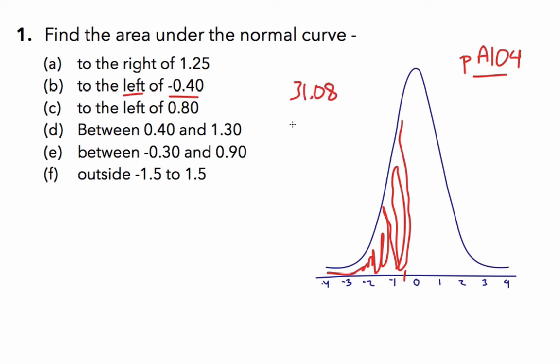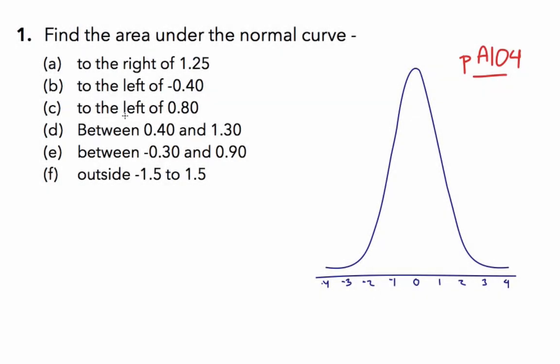If we subtract 0.31 from 1, we get 0.69, the area outside of the range negative 0.4 to positive 0.4. Divide that in half, and we get 0.345, or 34.5%. The area left of negative 0.4.